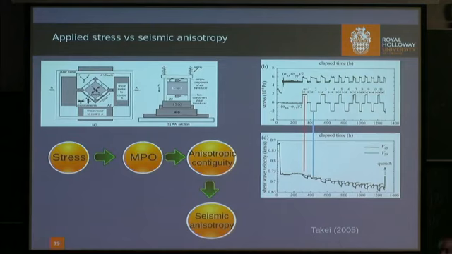If I'm not wrong, this is one of the very few studies that actually measure the change in seismic wave anisotropy during deformation. So this was quite unique and quite helpful.